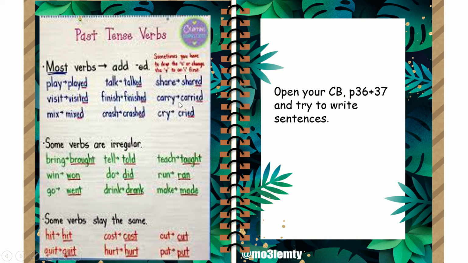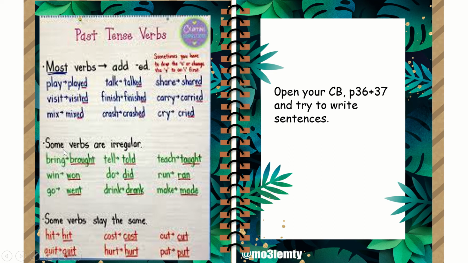Okay, look here. What did we do? We changed the Y into I and then we will add ed. Cry, cried. So here we will drop also the Y and we will add IED. Okay, so these are regular verbs and these verbs are in the past.